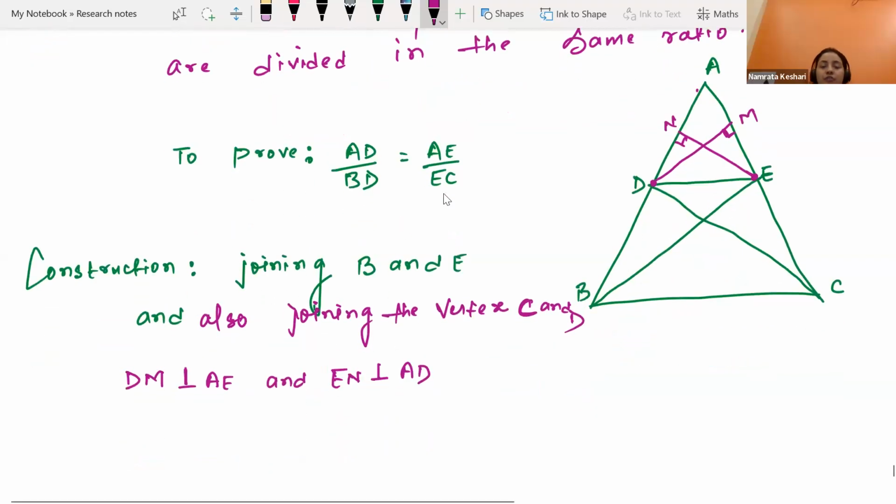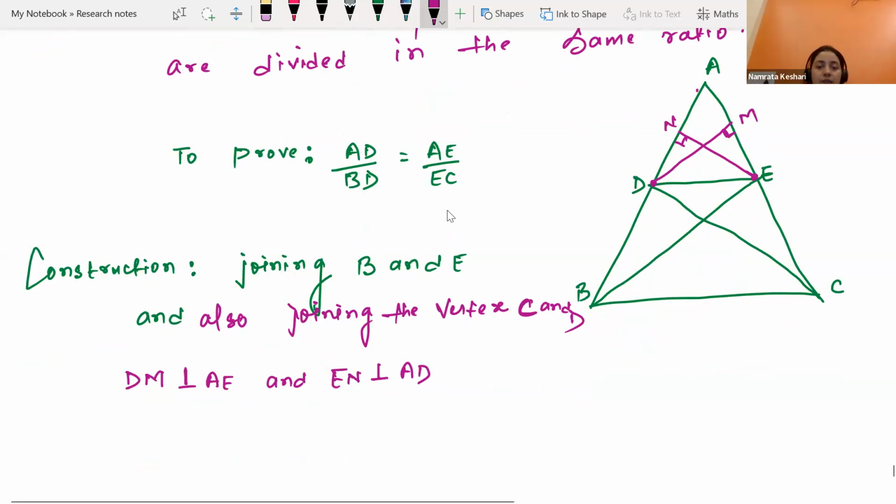Let's do it. First we want to focus on this numerator AD, and we want to find the area of a triangle where AD must be there. Okay, area formula we'll be using where AD must be there. So we will be taking the area of triangle ADE.